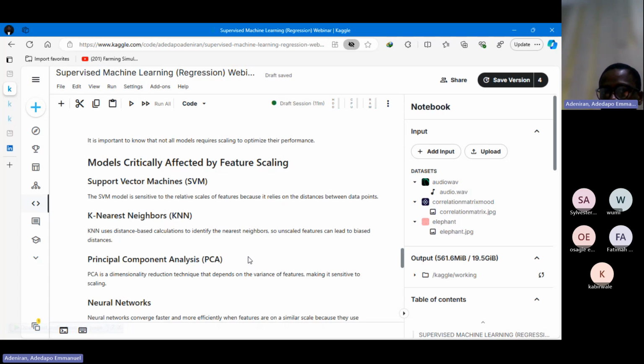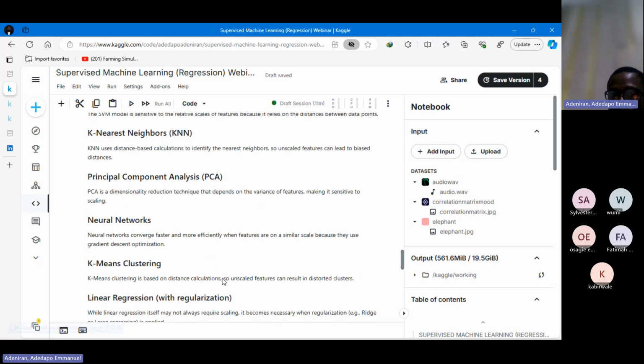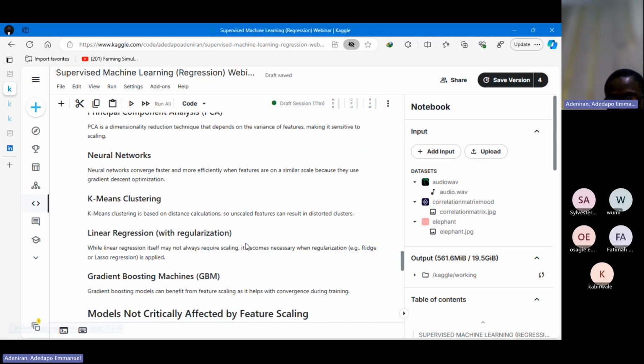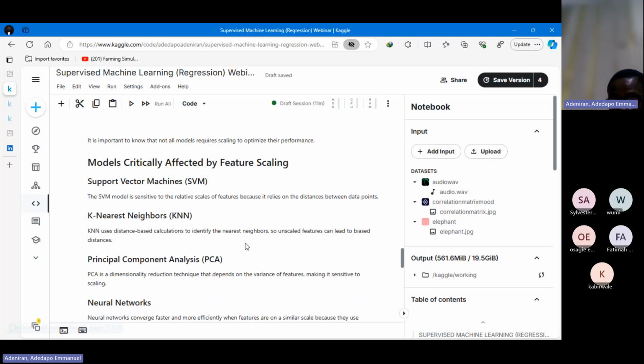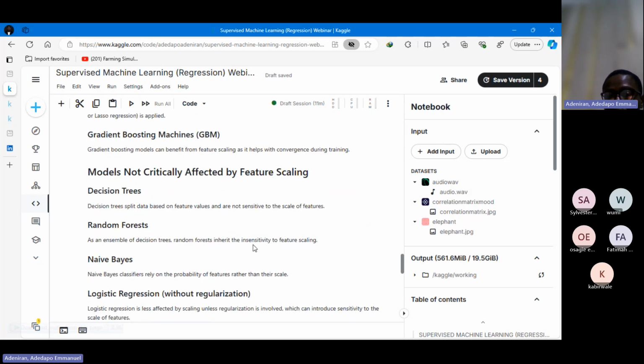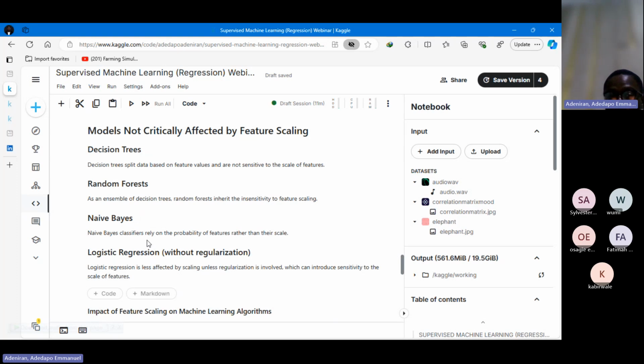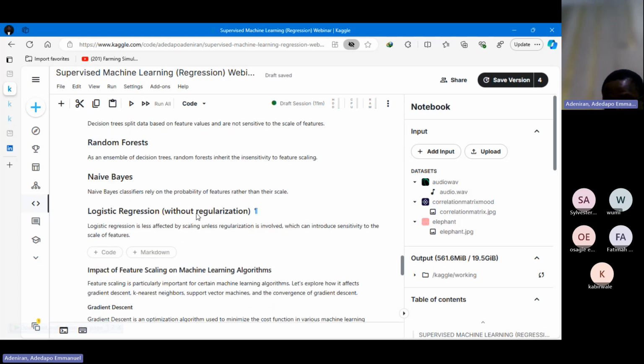So this is the reason why feature scaling is very important in certain models like SVM, KNN, PCA, neural networks, and k-means clustering. It is very important for you to have feature scaling in them. But there are some models that are not really affected even if you don't apply feature scaling, like decision tree models, random forest, naive Bayes, and logistic regression, the ones where you are not using regularization techniques.